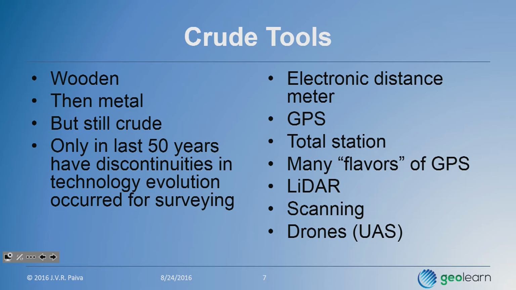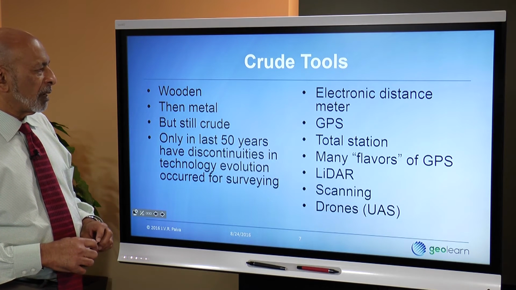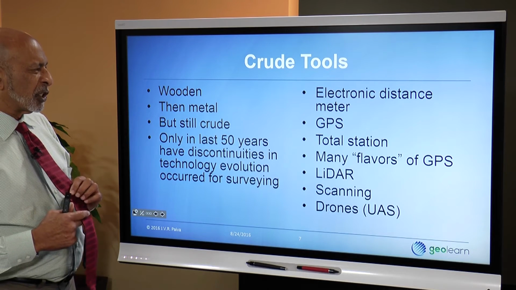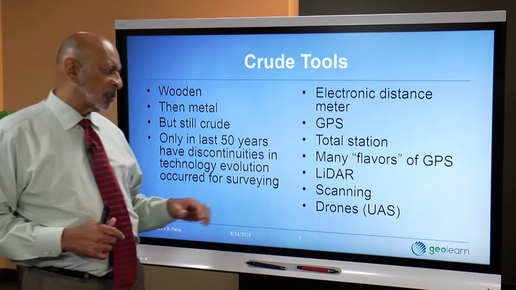And GPS itself wasn't static. It went through several periods of sub-evolution within it, and we have many flavors of GPS, and today many people have a very skewed idea of what GPS is.